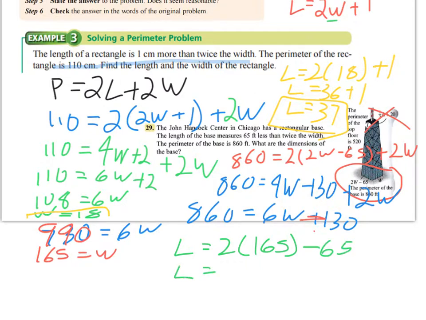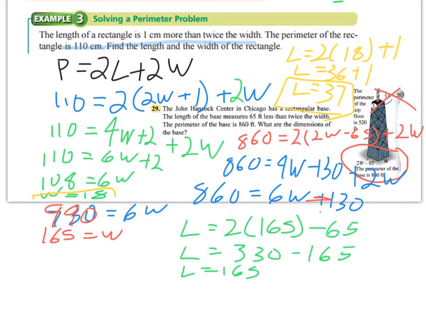You have to multiply first. So when we do that, we get 330 minus the 165. And again, once we do that, then that will tell us the second part. Oh, of course, I should have figured that. That's 165. So length of 165 and width of 165.